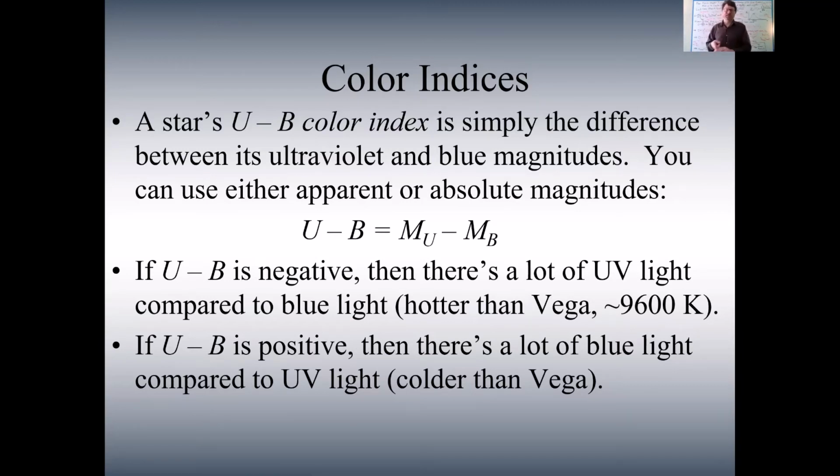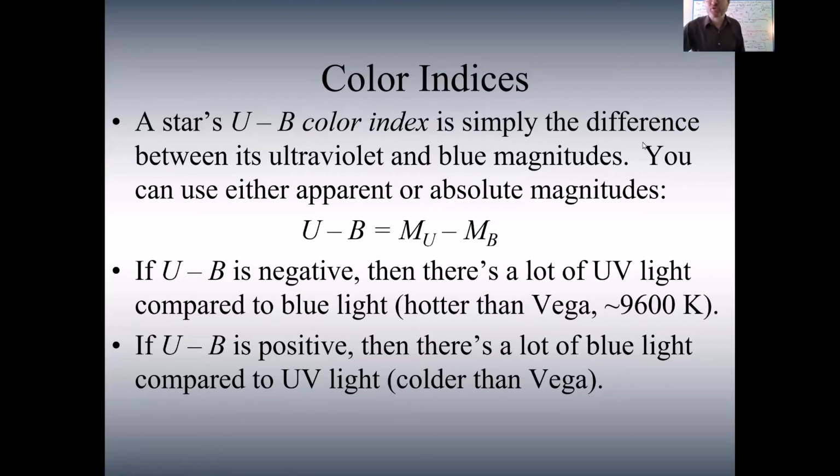Its color indices are 0, its visual magnitude is close to 0, its bolometric magnitude is close to 0, a lot of zeros associated with Vega. And so if you are talking about U minus B being negative, that means it's hotter than Vega. It has a larger ratio of ultraviolet to blue light than Vega does.